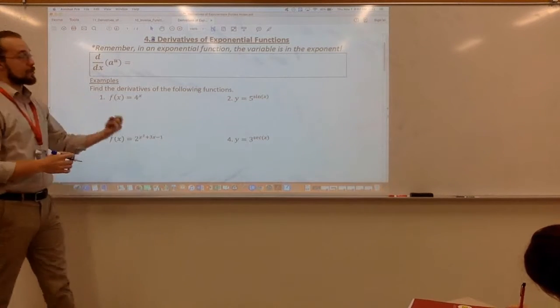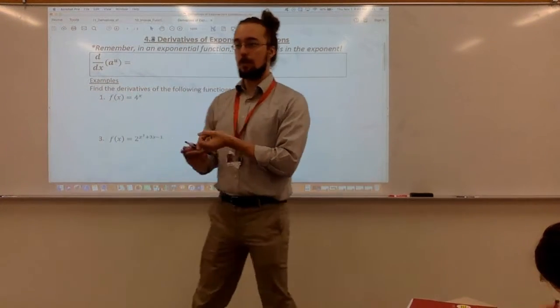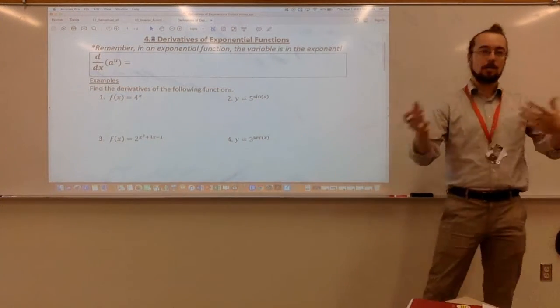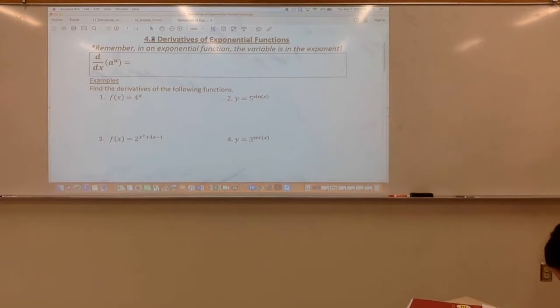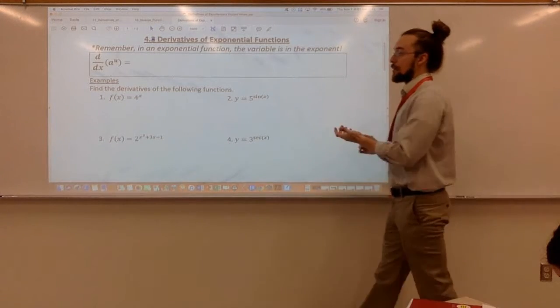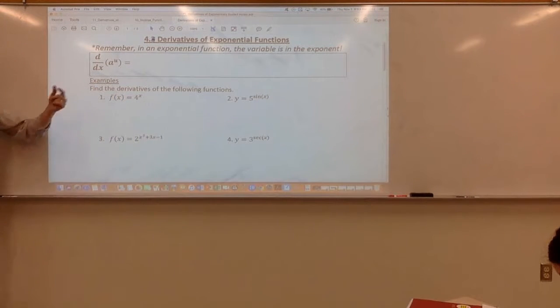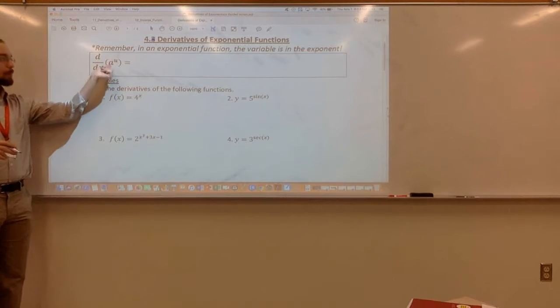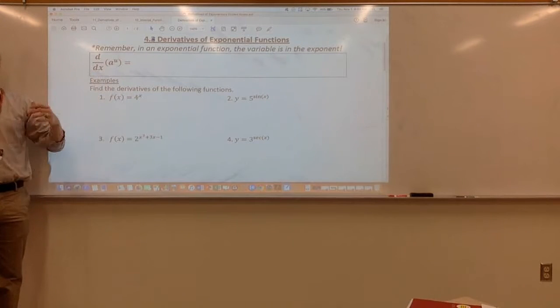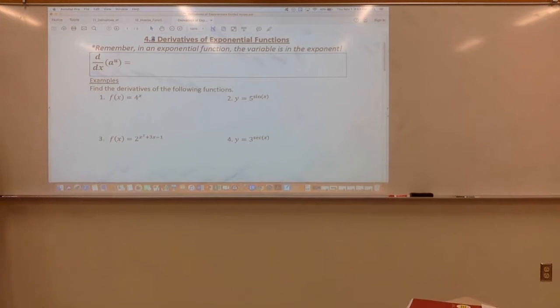So in this section, there are derivatives of exponentials and derivatives of logs. We're just going to do exponentials today, logs tomorrow. If I've got some exponential function, this is some number raised to some function. We're saying u is some function of x here.